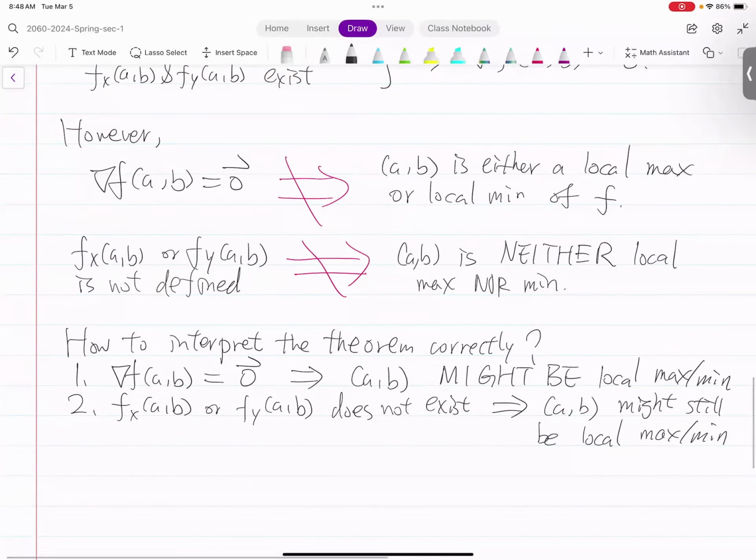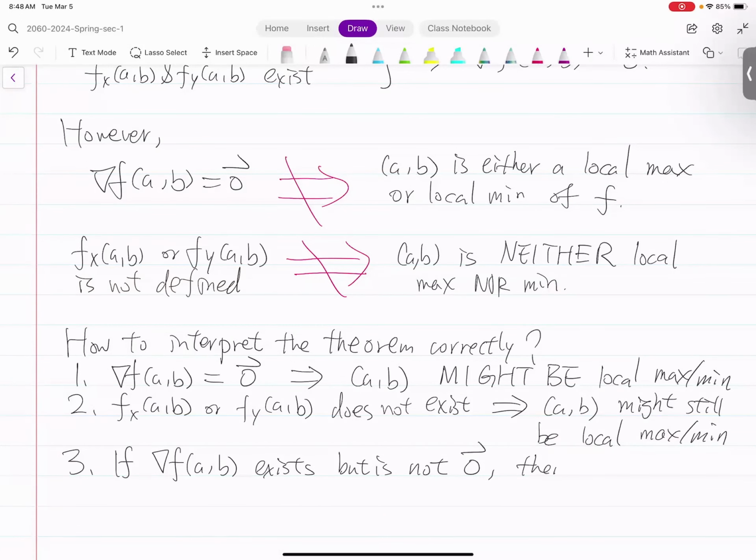But finally, the last item, we can know for sure that if the gradient at the point exists, but does not equal the zero vector, then we are sure that (a, b) is not a local extreme point.